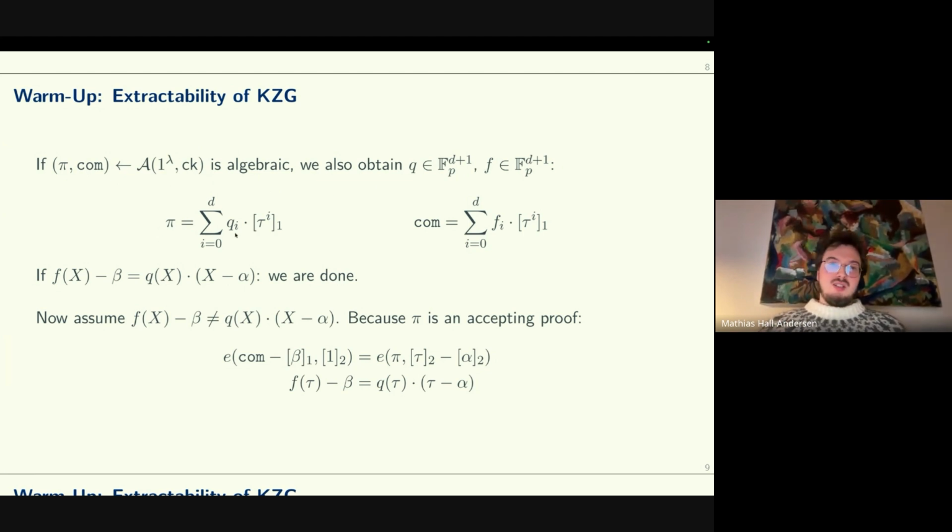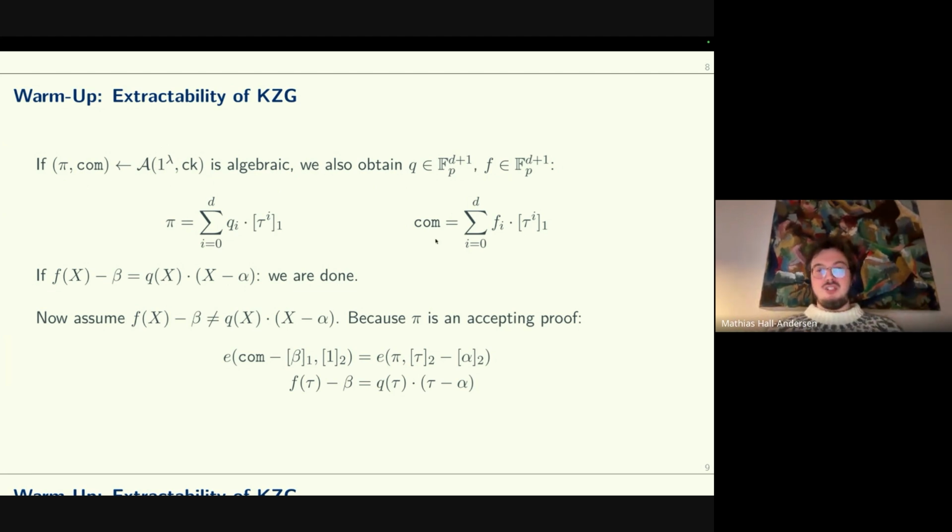And we say that this group element pi is a linear combination of the Q scalars, and this group element com is a linear combination of the F scalars. So just by the fact that he's algebraic, he must give us some vectors Q and F such that this is satisfied. This is by definition. Any questions so far?